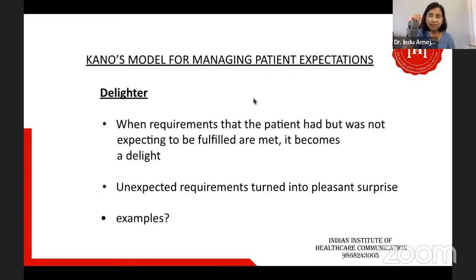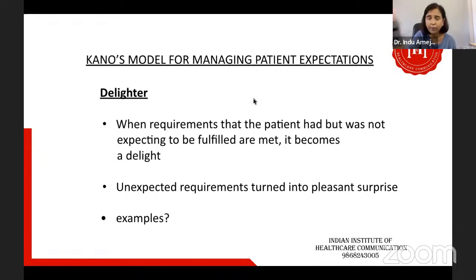A simple delighter for me would be, if I have an appointment with my doctor and he's not there in the clinic, I receive a phone call one day in advance: Ma'am, your appointment is cancelled for tomorrow as Dr. So-and-so is not there, so just to save your time, I'm reminding you. Or a delighter could be, I've got my blood test done and I get the report on my email.